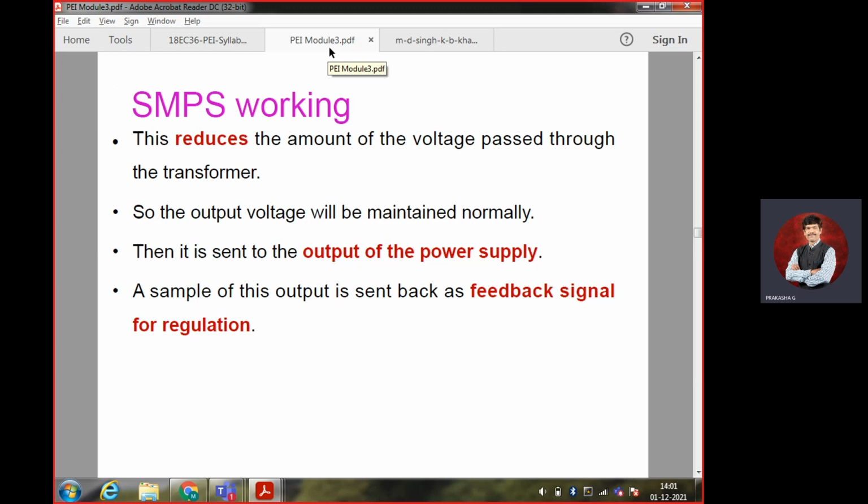That's why we say regulated output: to maintain the regulation, to maintain the constant output, the feedback operation always gives it. Similarly, you keep on feeding back to the same circuit, and finally you are going to get one constant output. That is the regulated output.